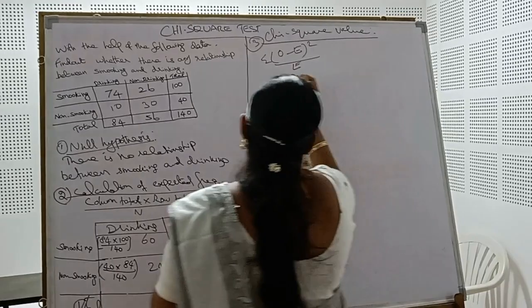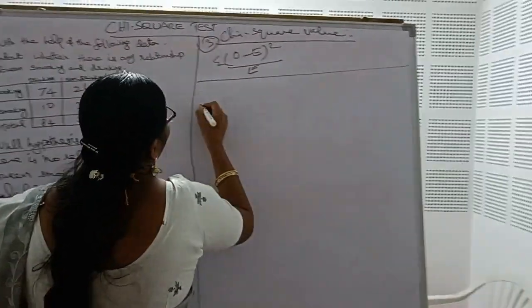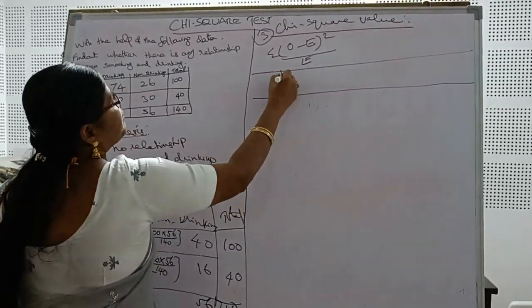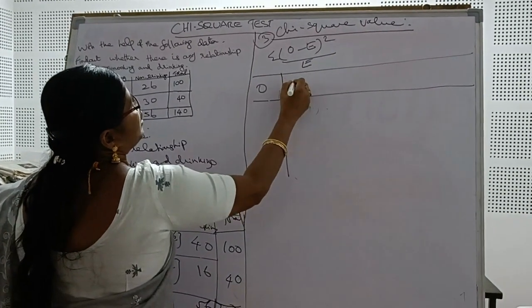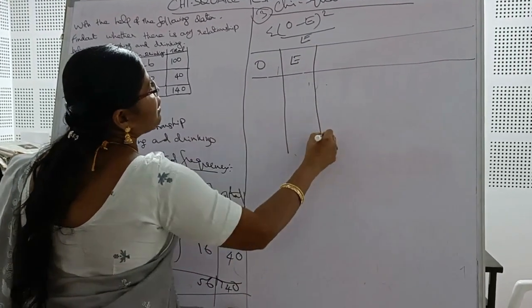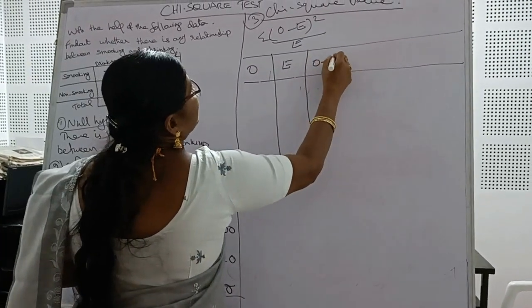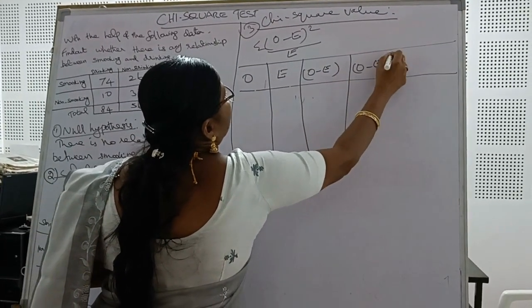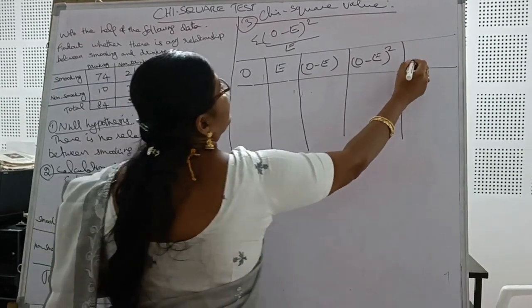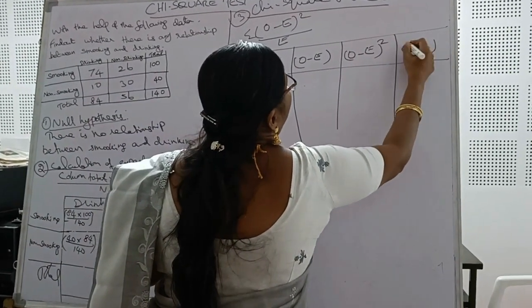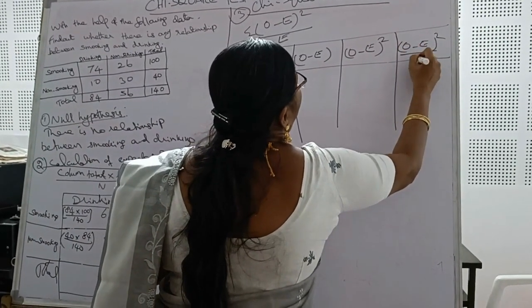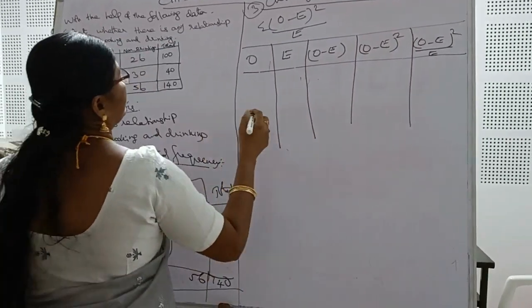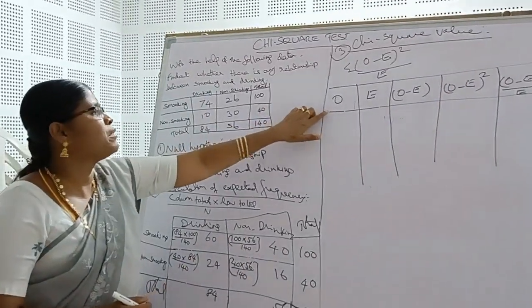It should be prepared in columnar form. First column for O, second column E, third column O minus E, fourth column O minus E the whole square, and then O minus E the whole square divided by E. O is nothing but observed frequency.